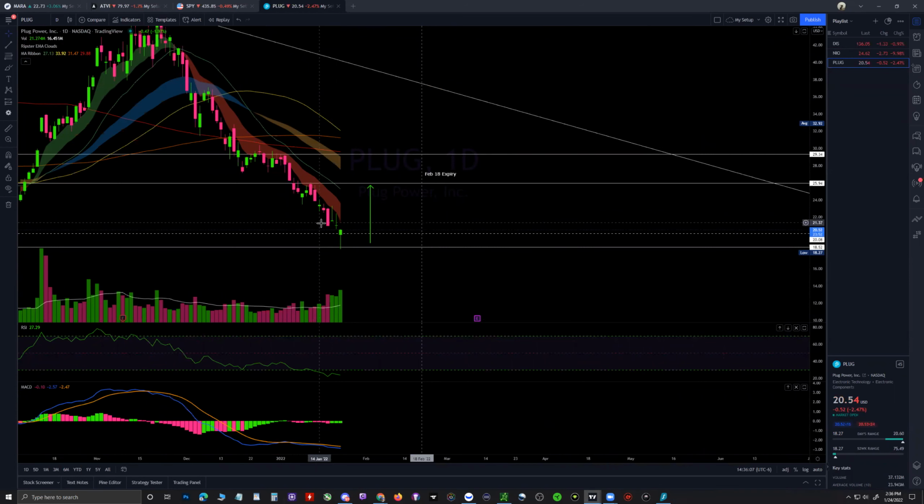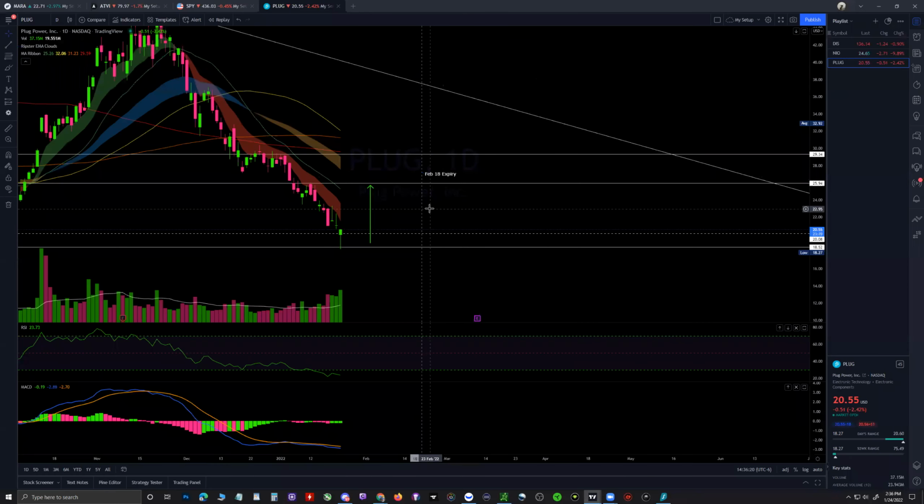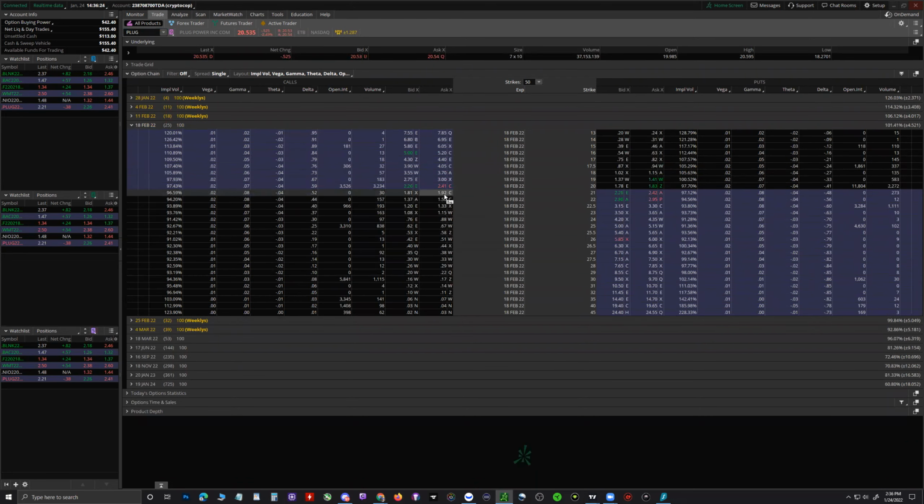We said 20, but it's probably going to be 21 now. February 11th, February 18th. We originally said 20 because of all the volume, open interest. The delta, when we looked at it, was 54. It's gained a lot since then.